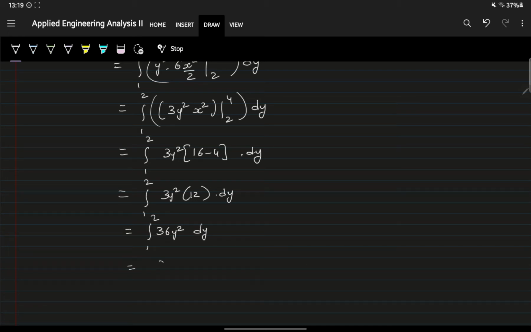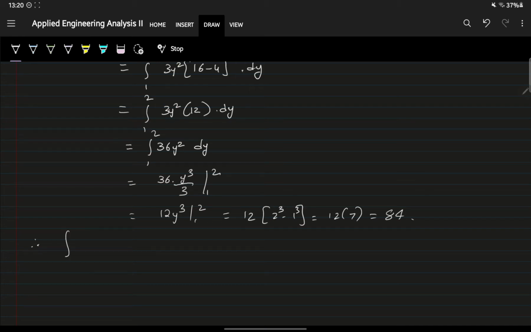Then integrating with respect to y, we get 84.